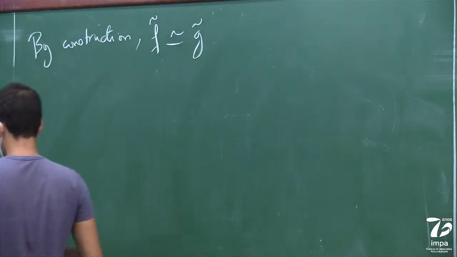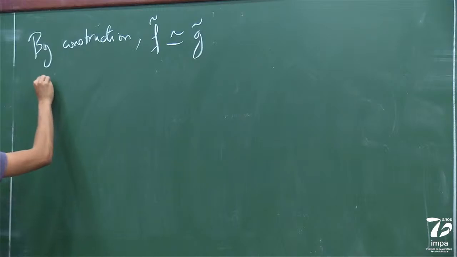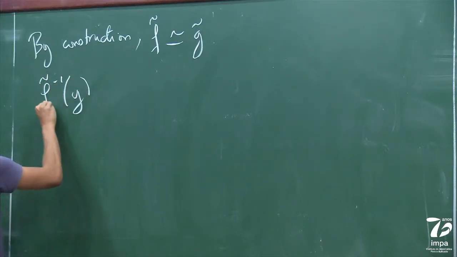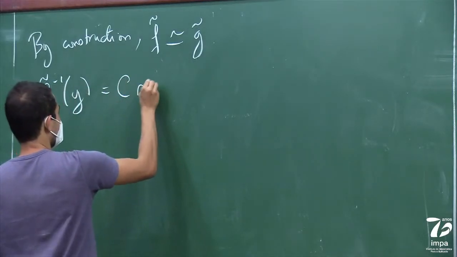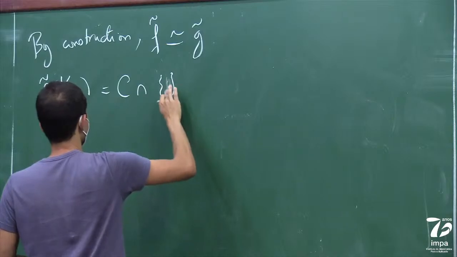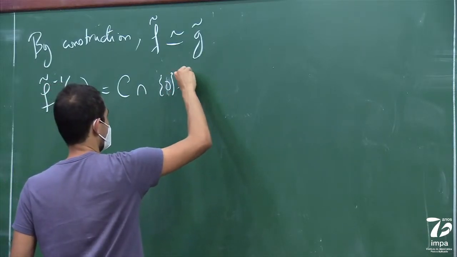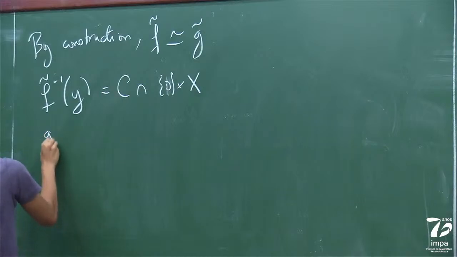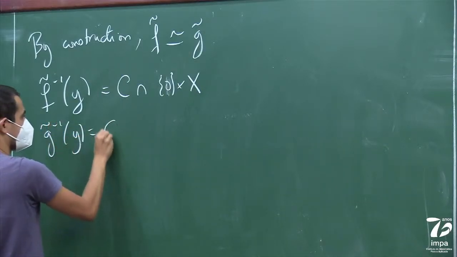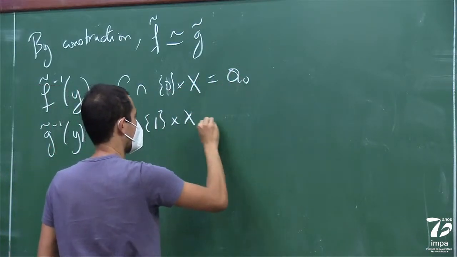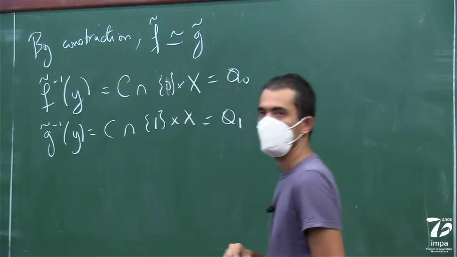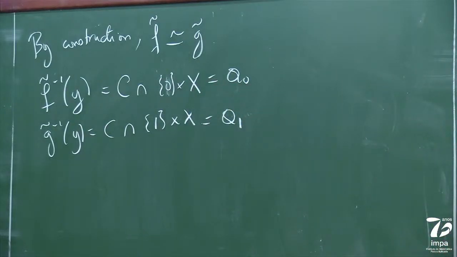So they're homotopic. And then the other thing is that the preimage of y by f tilde is exactly the intersection of C with 0 times X, and the same thing for g tilde. So this is q0, and this is q1. Okay? And you have to be a little careful, but actually these come with the right signs.